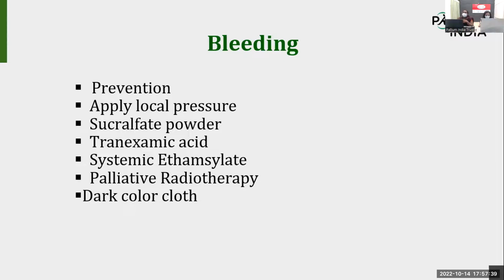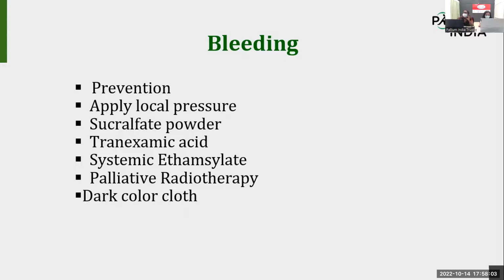Then the important message you have to convey to the caregiver is the use of dark color cloth. If any bleeding happens, maybe profuse bleeding, what will they do and how will they manage? That important message you have to convey to the caregivers, and you have to prepare them clearly.